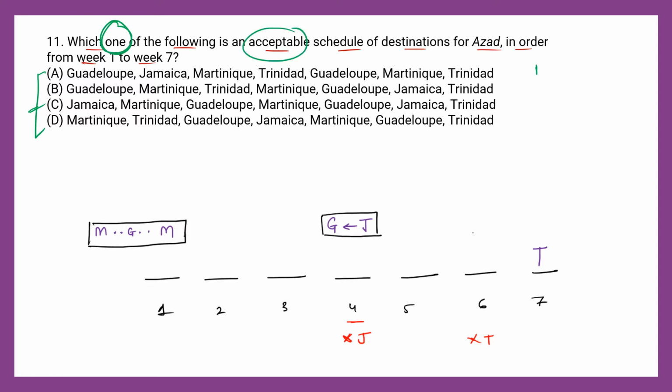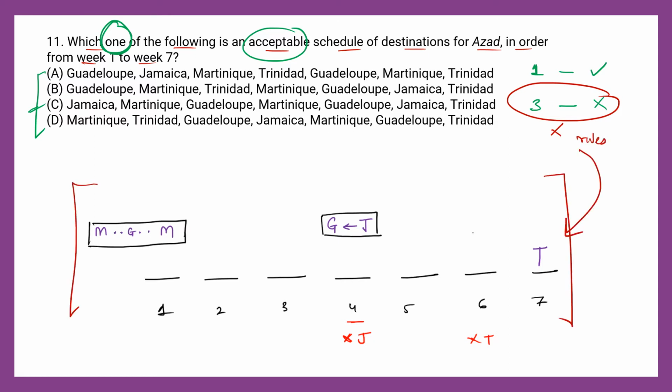So one of these 4 options is acceptable and 3 of these 4 options are not acceptable. What does that mean? That 3 of these do not follow the rules, which means that they do not follow what we just put in here, okay? So let us go through the options one by one and see which one follows the rules, which one does not, and we'll pick our answer.